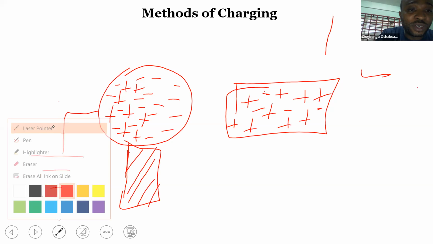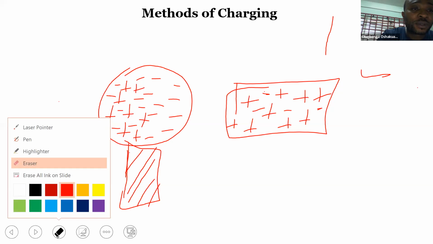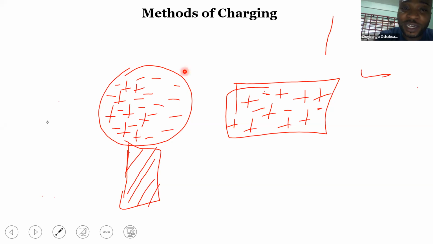So when that is done and the ground is disconnected, what do we have left? We have a sphere which was originally neutral, but right now has excess negative charges. Since it has excess negative charges, it can be said to be negatively charged.